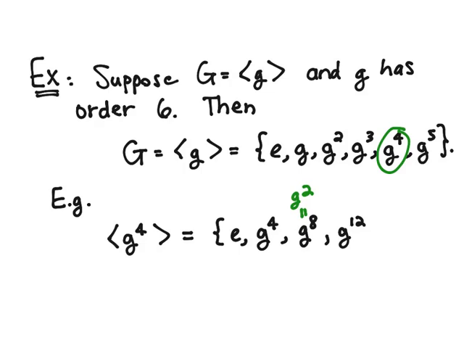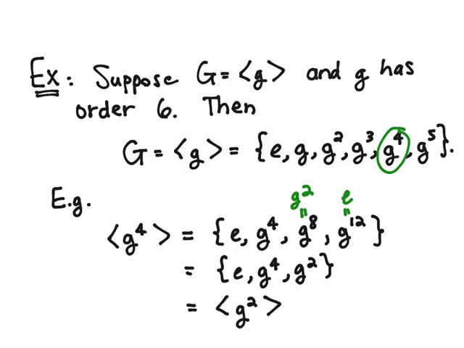Next might be g to the 12th power, but again keeping in mind that g to the 6th is the identity, then g to the 12th power is actually also the identity, because it's g to the 6th squared. And from there you could keep raising g to the 4th to more and more powers, but you're not going to get anything new. So the only elements we're really going to find in this subgroup are the identity, g to the 4th, and g squared.